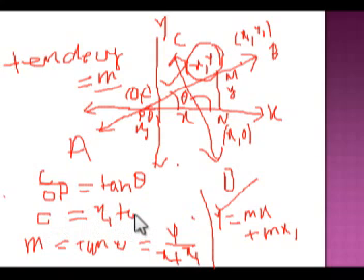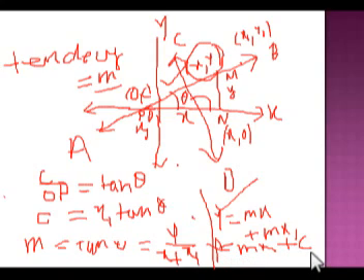It is the first case when the straight line intersects the y-axis. So we have the equation form mx plus c. Now this is the general equation form of any equation. Y is equal to mx plus c.